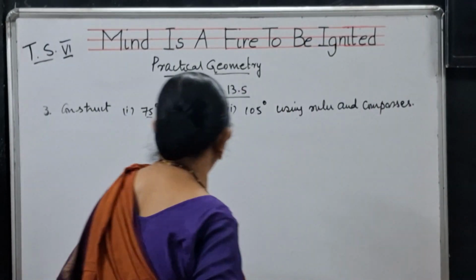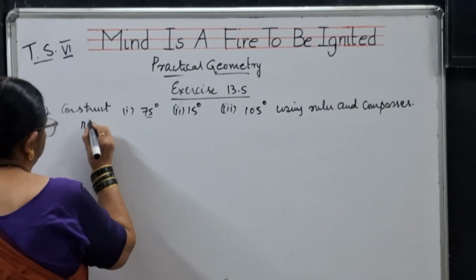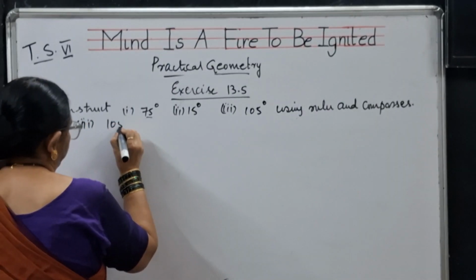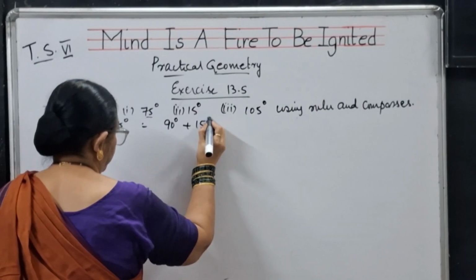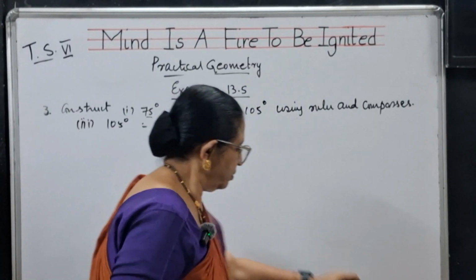Now, 105 degrees, children. 105 degrees means 90 degrees plus 15 degrees.